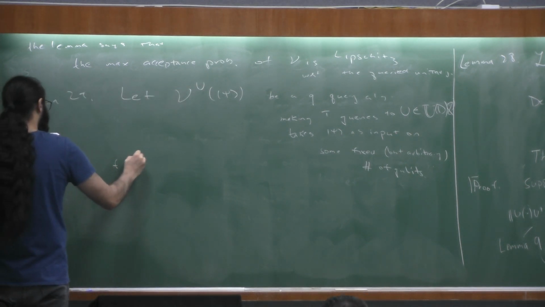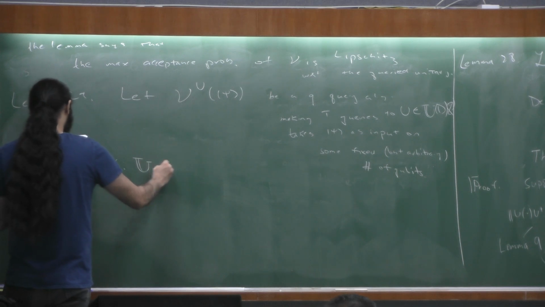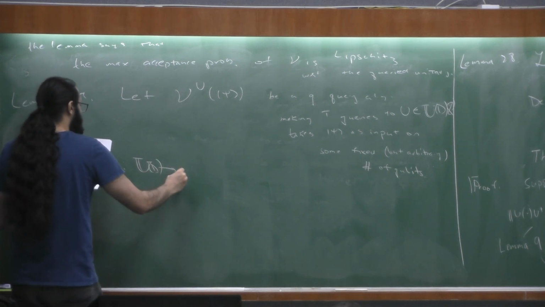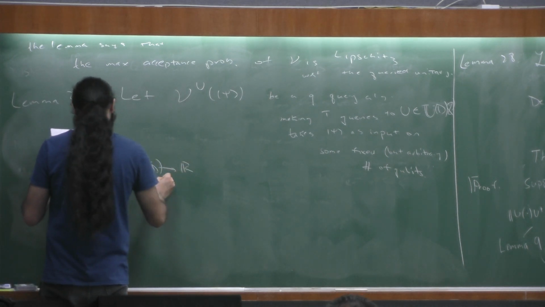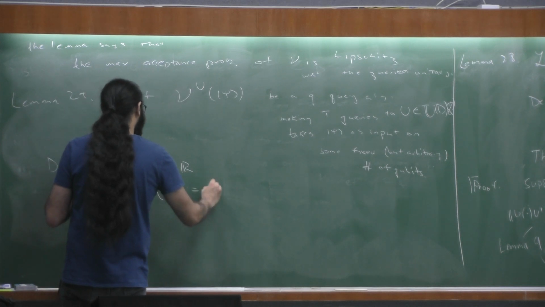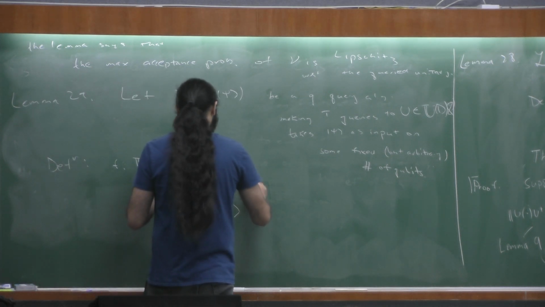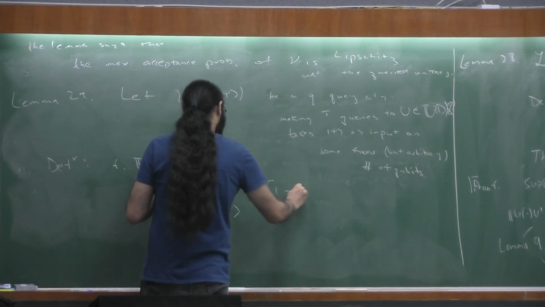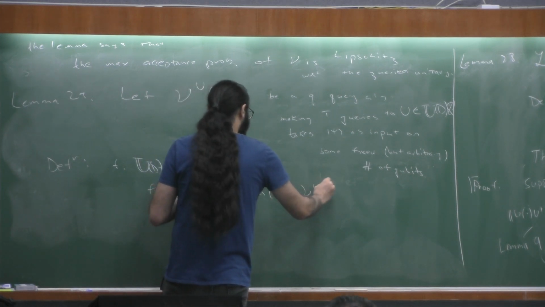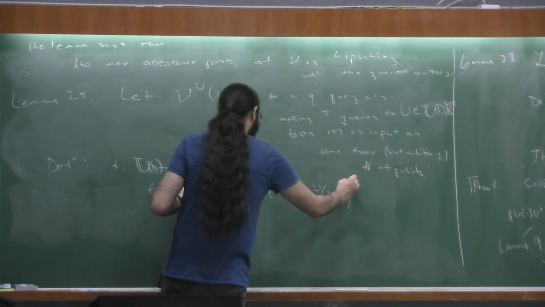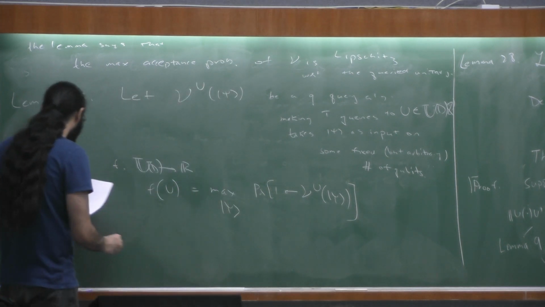Define f as follows. So f is a function that goes from the set of unitaries to the set of reals, and f of U is, like I said, you maximize over all states psi, and you look at the probability that the algorithm outputs 1 with psi as the input, right?